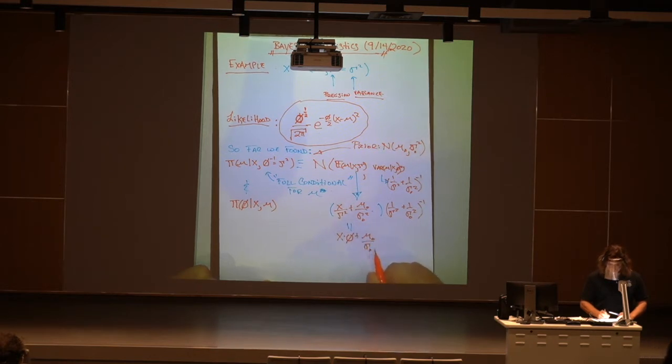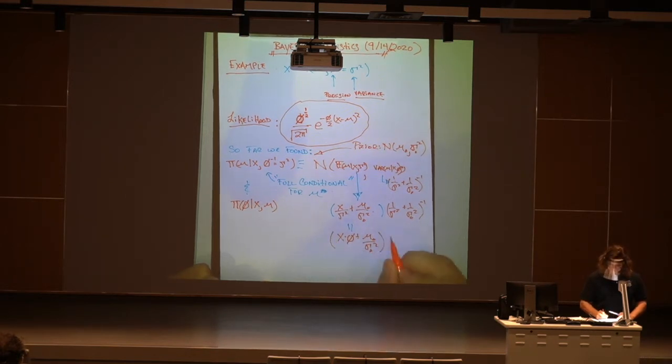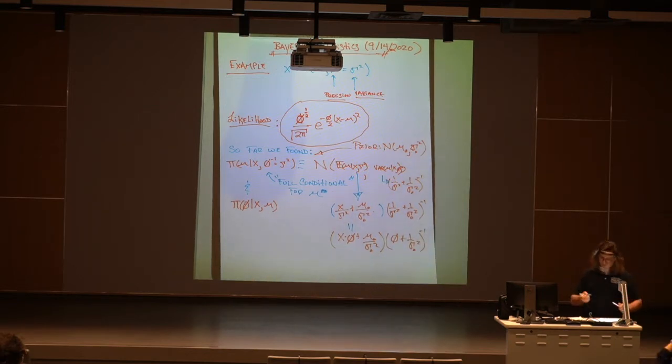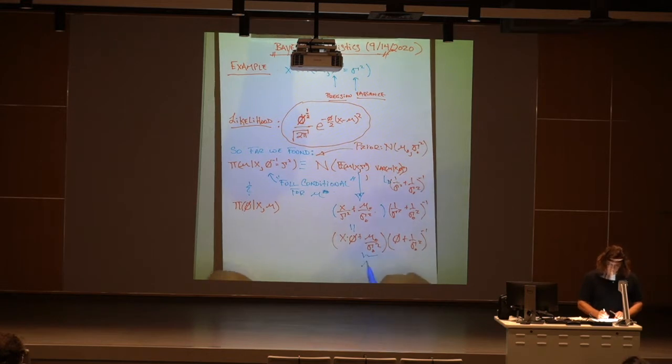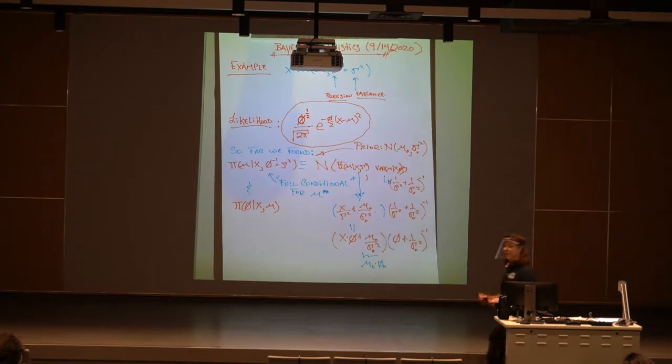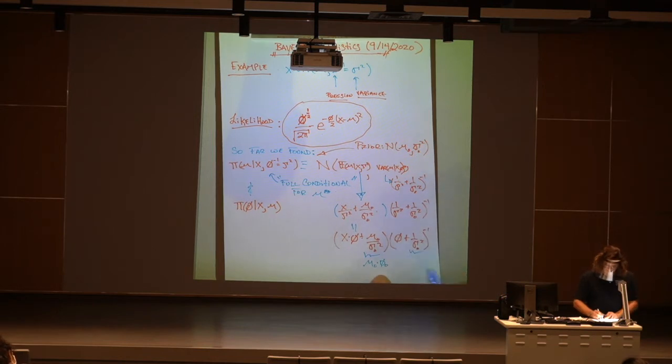I'll keep this as sigma naught squared, just to show all the flexibility I have in re-expressing this. If you want to be a little bit more traditional and not mix notations, you could call this mu naught times phi naught. And you probably know what phi naught is. It's 1 over sigma naught squared. It's the same exact thing.